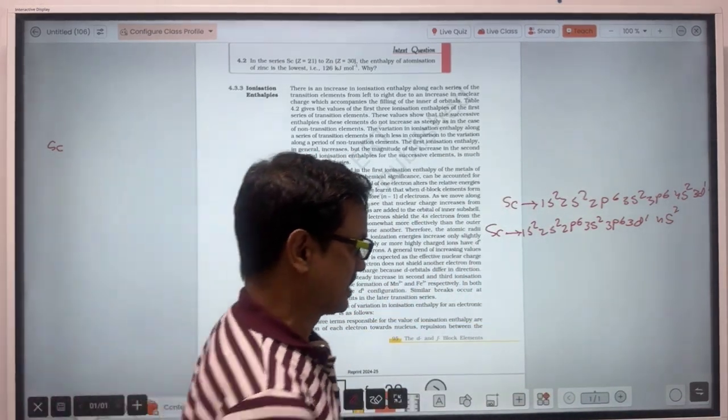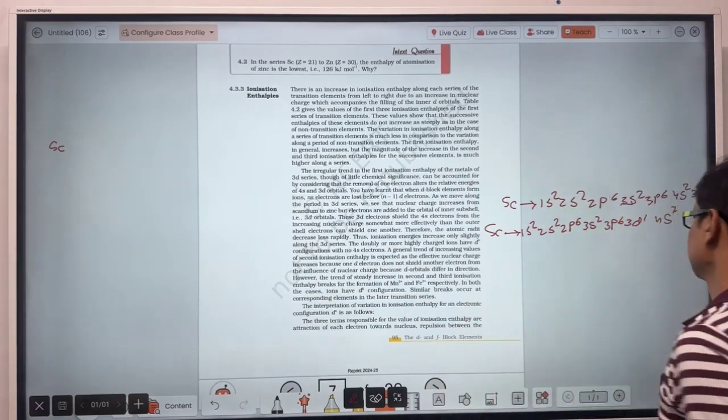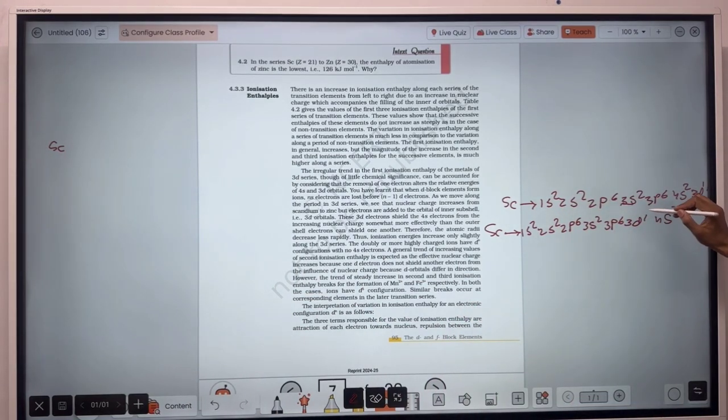In the third shell there are 2 electrons in 3s, 6 electrons in 3p, and 1 electron in 3d.